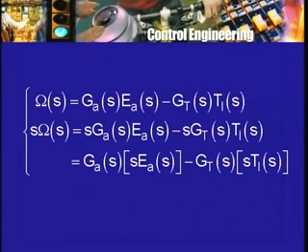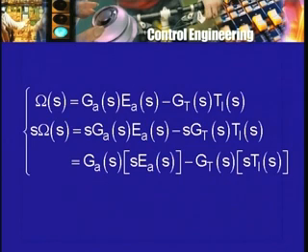Omega s equal to Ga of s Ea of s minus, remember now I am writing this minus sign here. Earlier I had a plus here, but there was a minus sign with the multiplying factor, minus Gt of s TL of s. Multiply both sides by s.